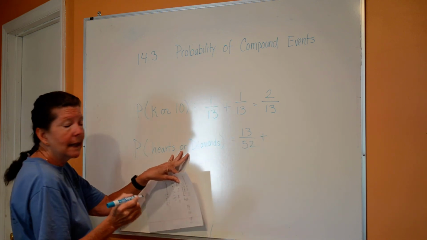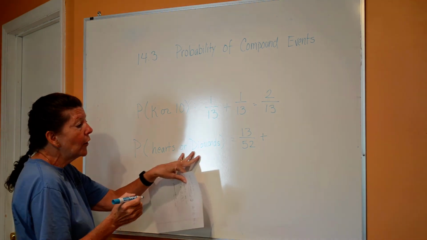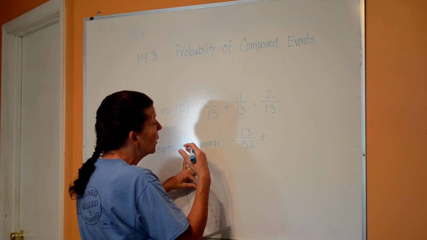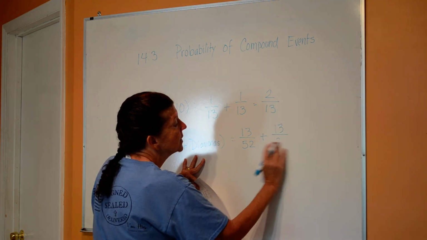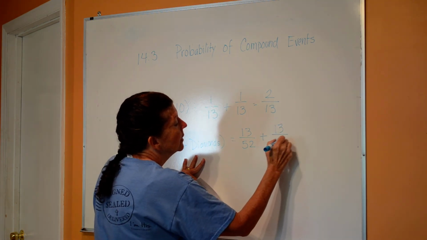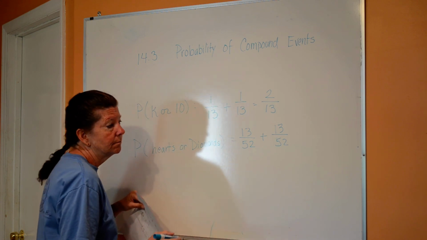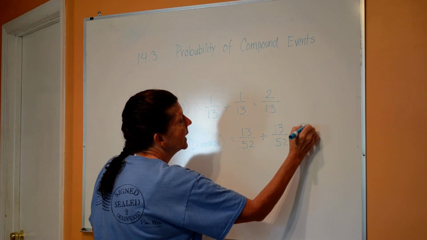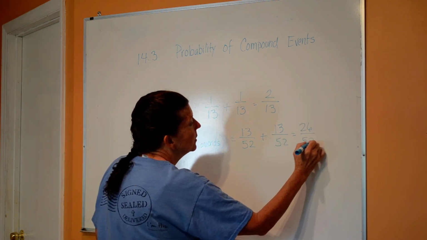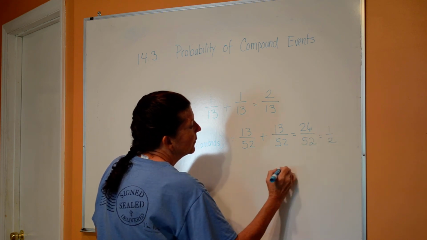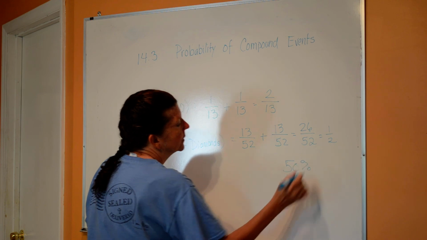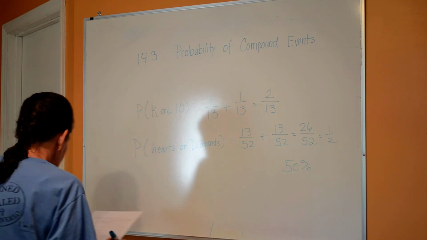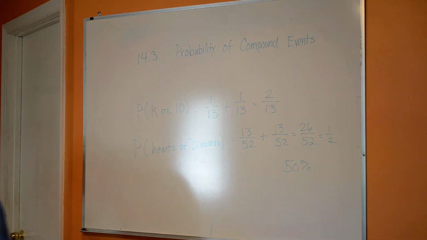Or, remember the big key is whether it uses the word or and. The probability of getting a heart or a diamond, the probability of getting a diamond is also 13 out of 52. So I add those two together, I get 26 out of 52, which is equal to 1/2 or 50%.